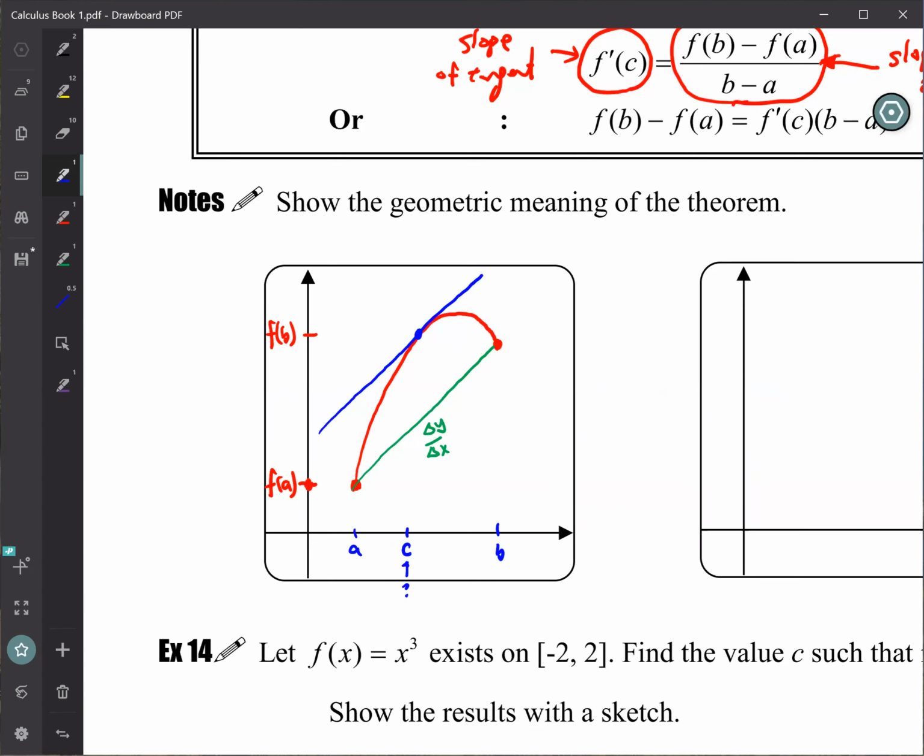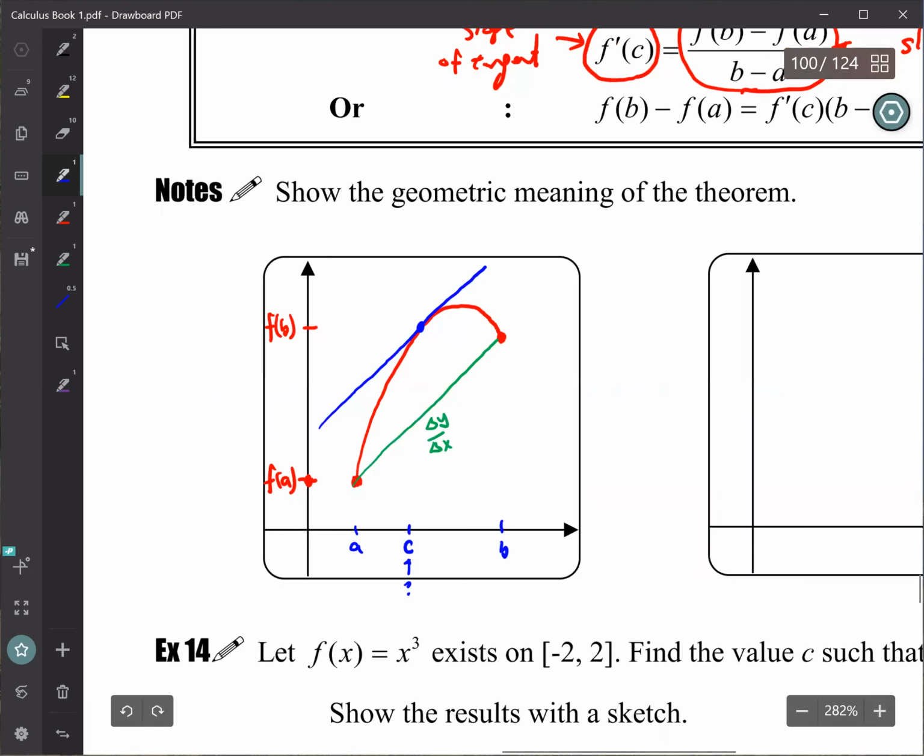So this location is like the average slope of all the slopes in between. For example, you could have something steep, getting less steep, then something flat, then something negative. The mean value theorem takes all the slopes and finds somewhere in the middle.